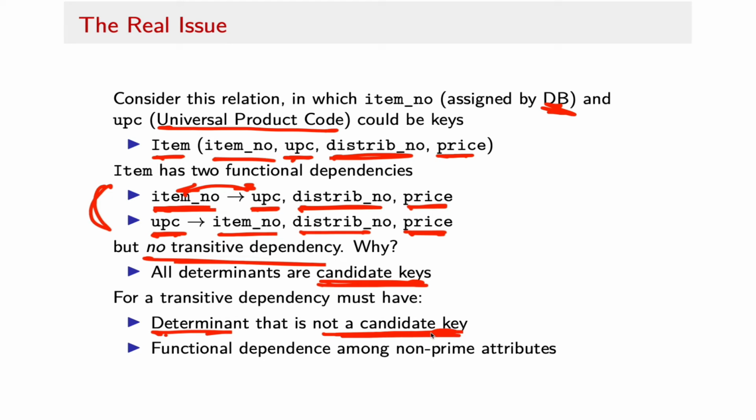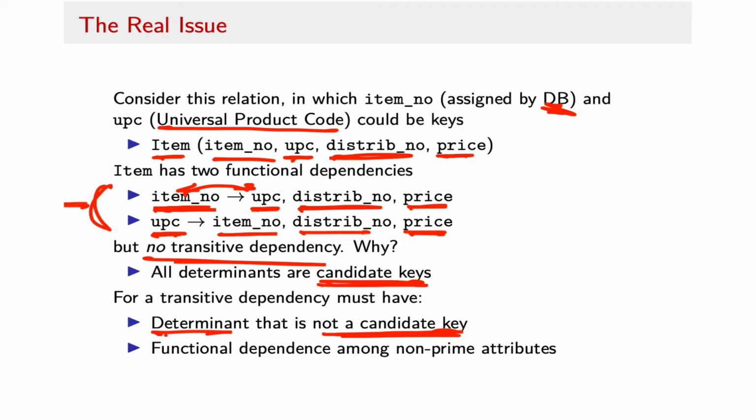So the very fact that we have multiple functional dependencies here with different determinants, as we also had in the previous example, isn't sufficient for us to conclude that we have a transitive dependency. You can't find the same kind of relationship where we have A going to B, B going to C, and then A ultimately determining C in a transitive way. We do have these two dependencies, but they're not transitive.